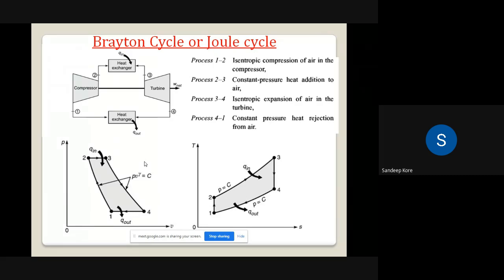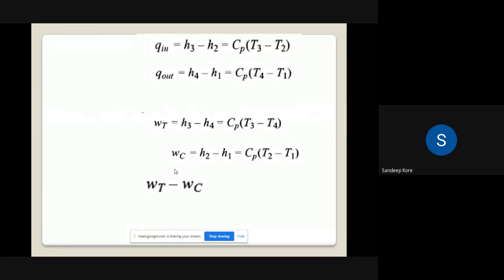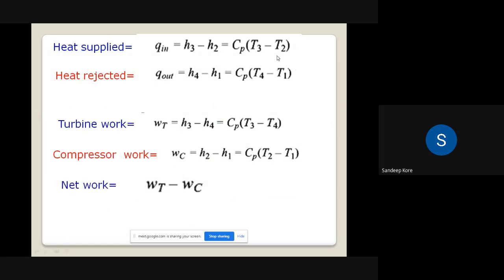For a constant pressure process, we can write V by T is equal to constant. And we have these formulas: heat supplied is Cp into T3 minus T2, heat rejected is Cp into T4 minus T1, turbine work is Cp into T3 minus T4, compressor work is Cp into T2 minus T1, and net work is turbine work minus compressor work. So note down these formulas.